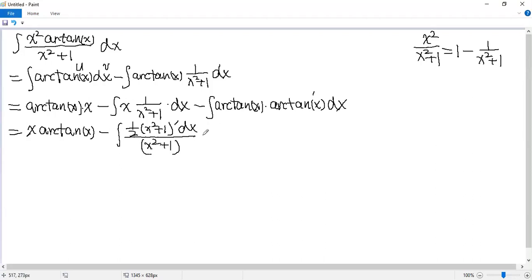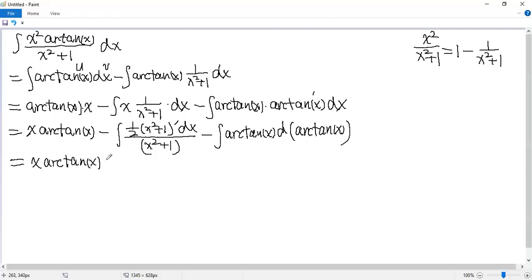Okay, so for the last term, we can write it as arctan x d arctan x. So we get x arctan x, and we can pull the half out.